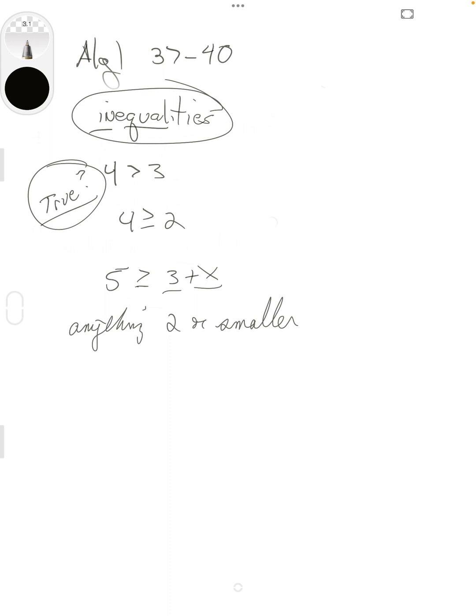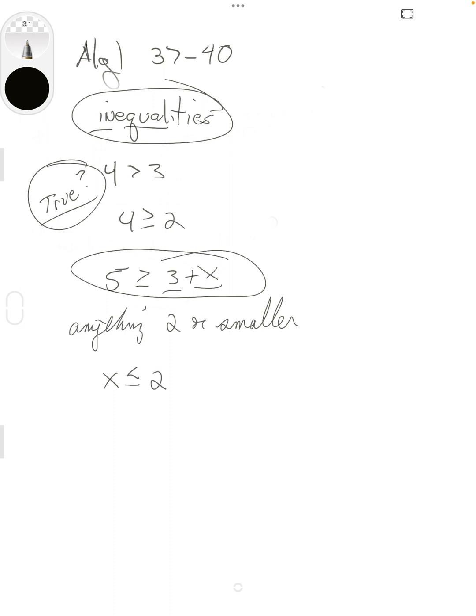So anything 2 or smaller, anything smaller than 2, like 1 or a fraction or even a negative number, this is going to be true. So we would say in solving one of these, x has got to be less than or equal to 2.